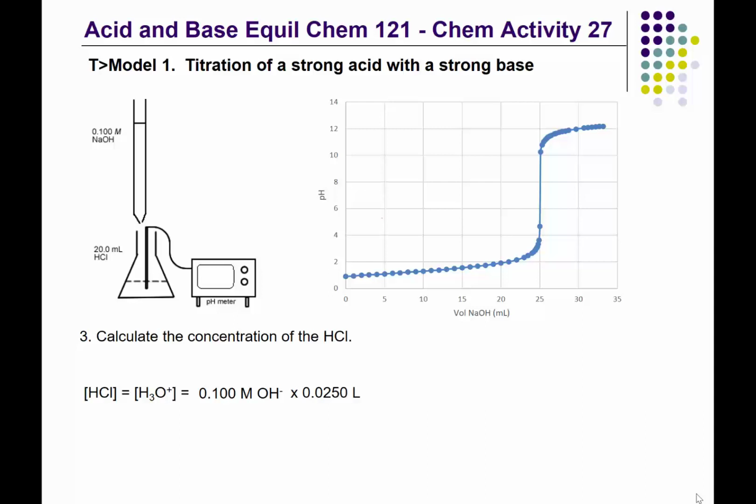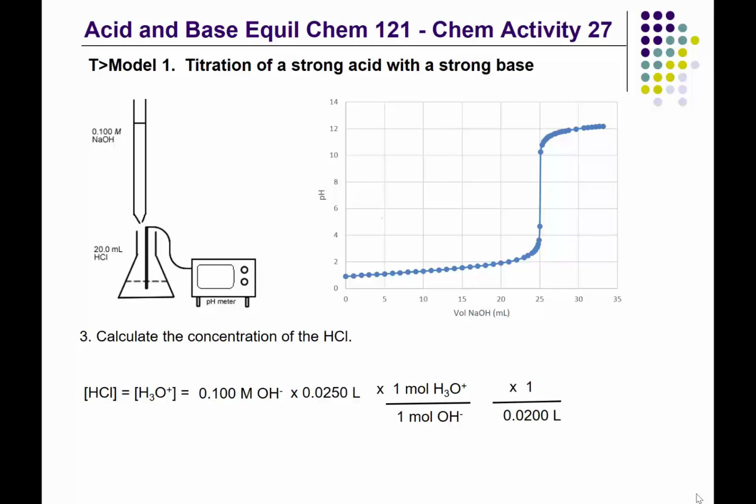This is multiplied by 1 mole of hydronium ion divided by 1 mole of hydroxide ion. This comes from the balanced equation, which will give us the moles of hydronium ion. Finally, this is divided by the volume of the hydronium ion solution, the original volume, which is 0.0200 liters.